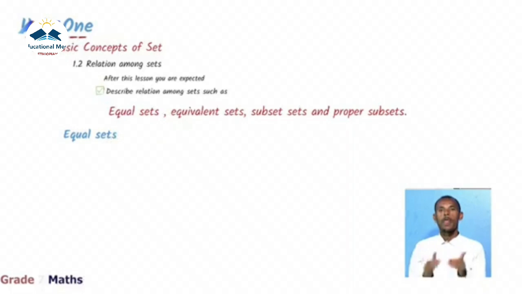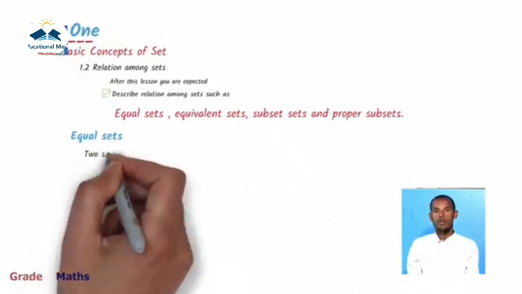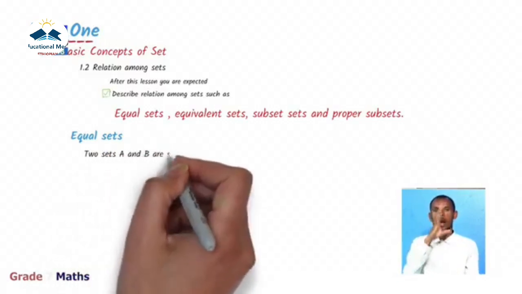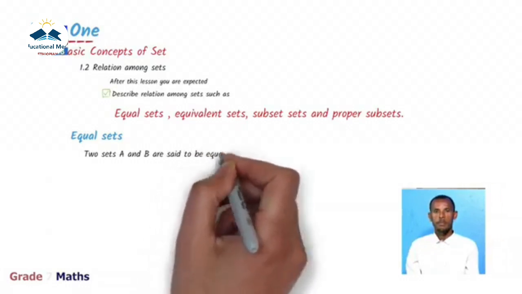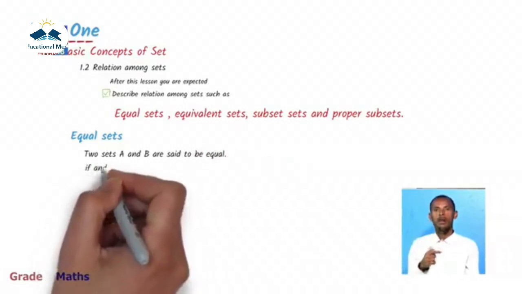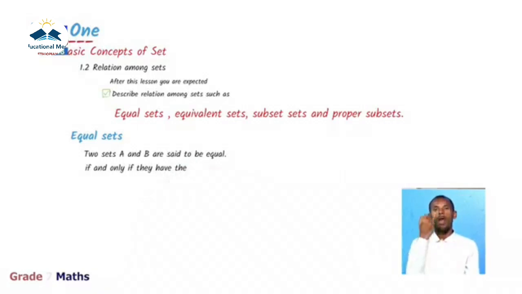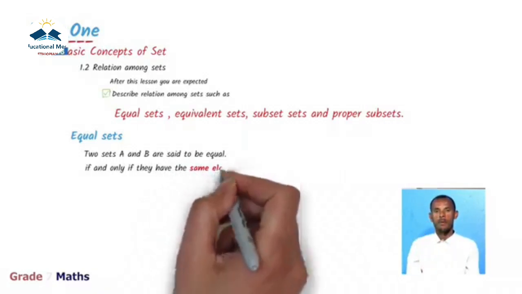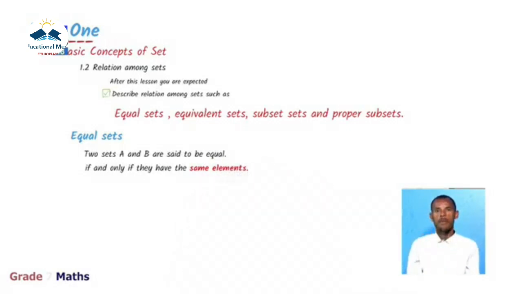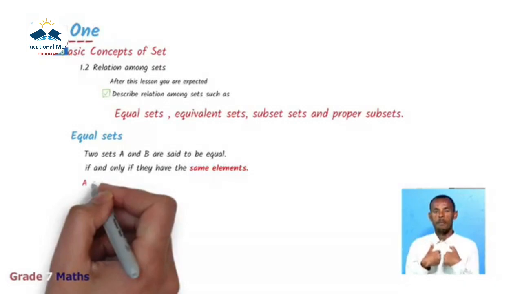Two sets A and B are said to be equal if and only if they have exactly the same elements.